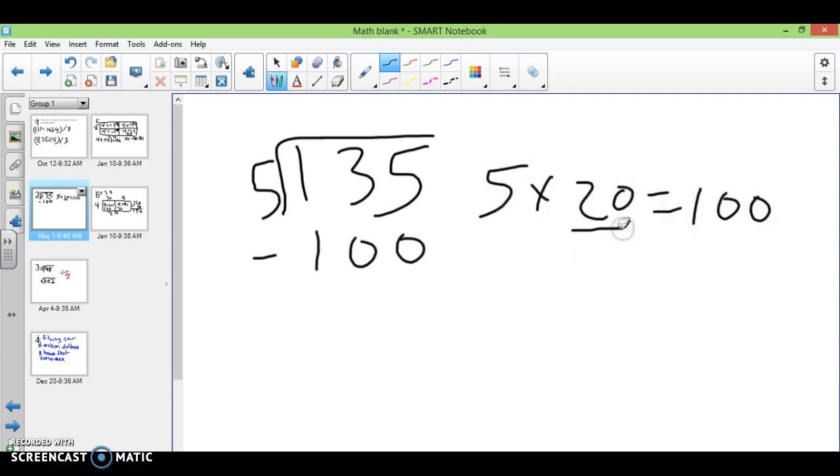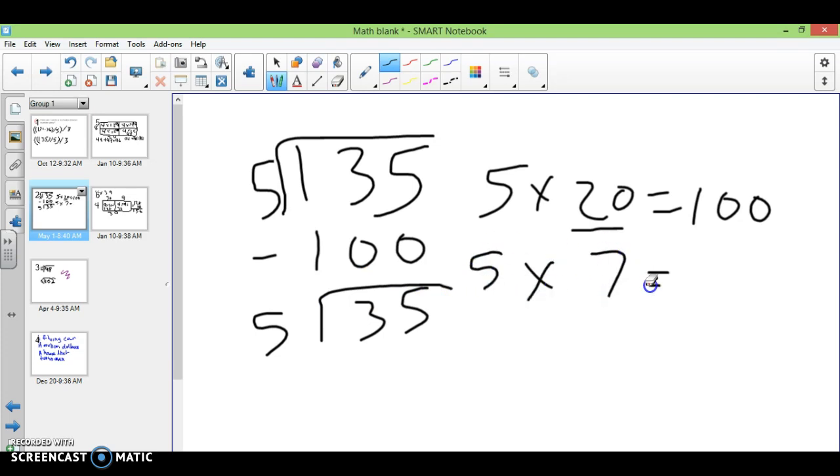I'm going to underline that to know that I'm using that. So then I have left 35. So I'm left with 35 divided by 5, which is 7. So I know that I have 5 times 7 equals 35. If I add these together, 135 divided by 5 is 27.